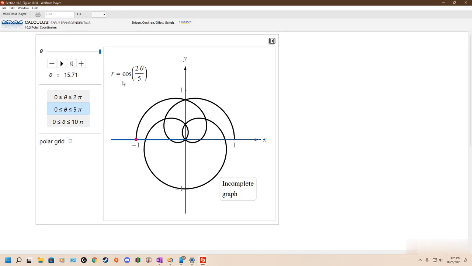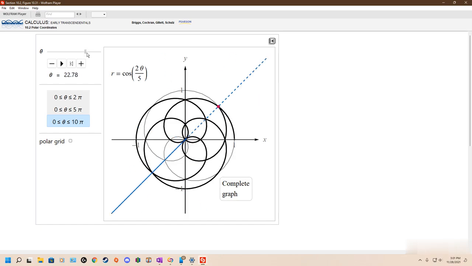If we plug in 5 pi, we end up with cosine of 2 pi here. We go back to 0 there, and it's still incomplete. So what if we look at the least common multiple of 2 and 5, which is 10? If we look at that, then you can see that we go all the way around and complete the shape in each quadrant and end up back where we started.